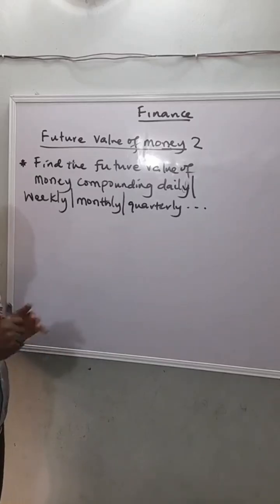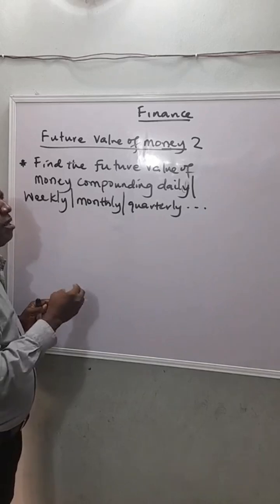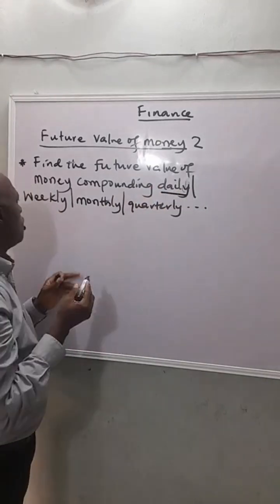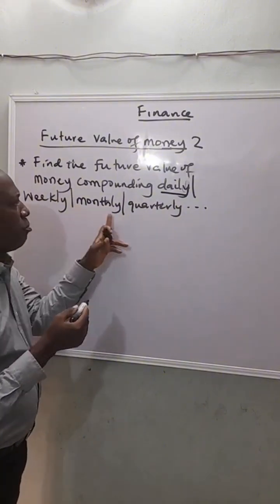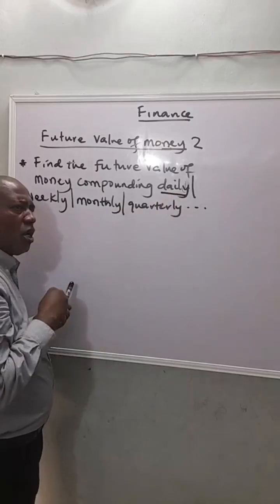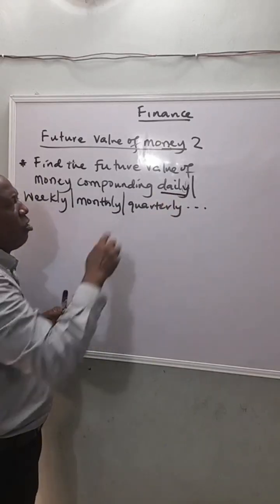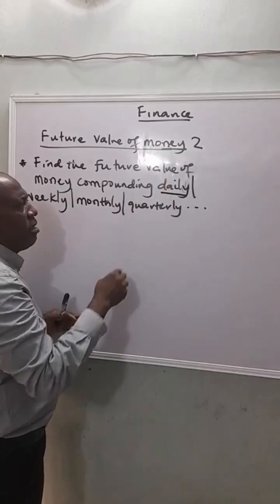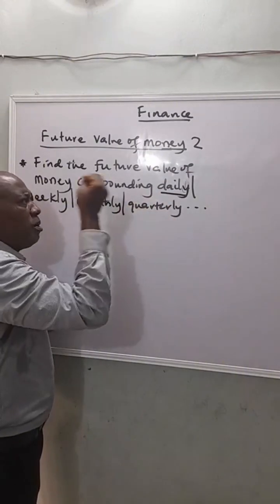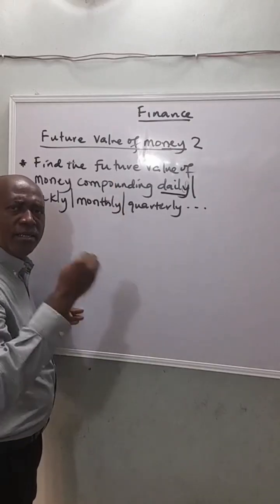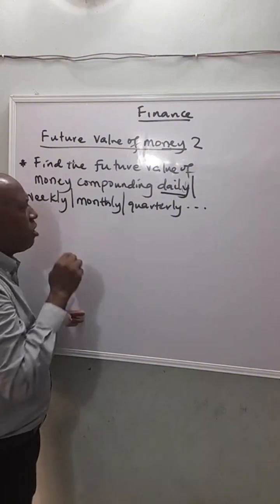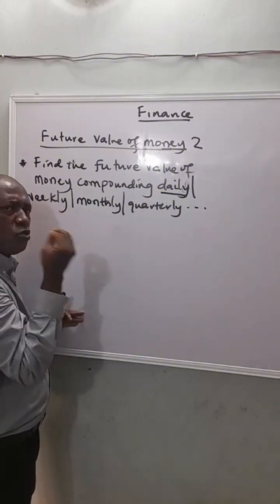If you are asked to find the future value of money compounding daily, weekly, monthly, quarterly, semi-annually, and so on, what that simply means is that interest could be paid daily, weekly, or monthly. In a year, we have 365 days, so if daily, interest will be payable 365 times. If weekly, there are 52 weeks, so interest will be paid 52 times in a year.